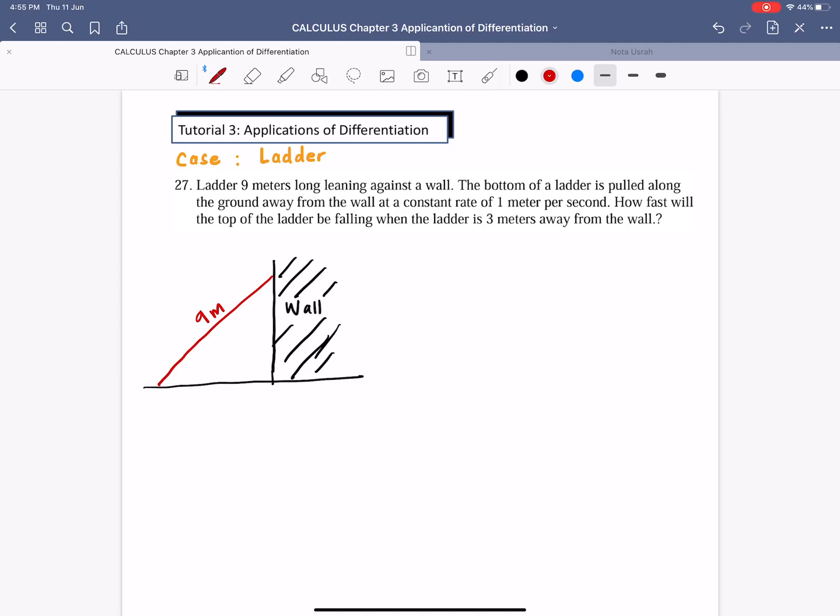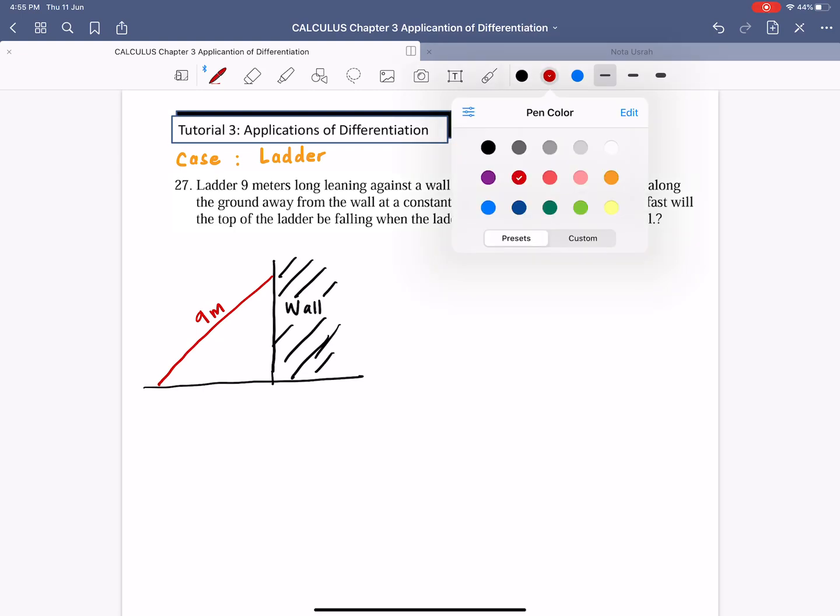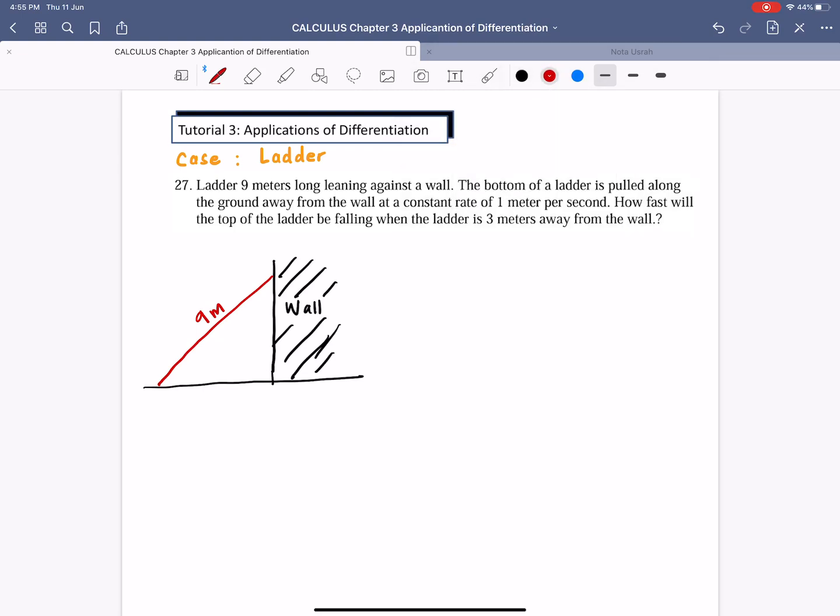The bottom of the ladder is pulled along the ground away from the wall at a constant rate of 1 meter per second.